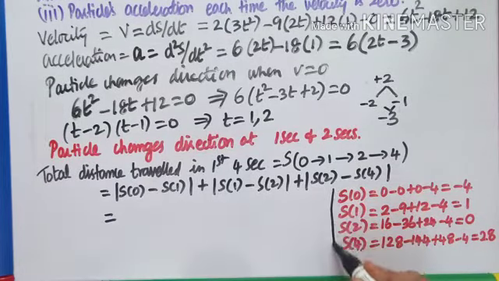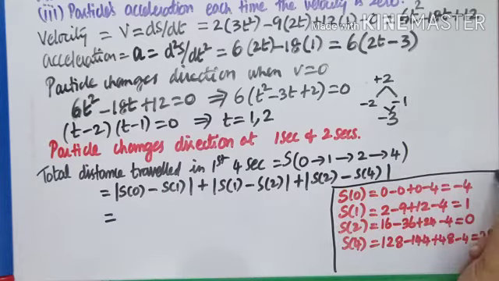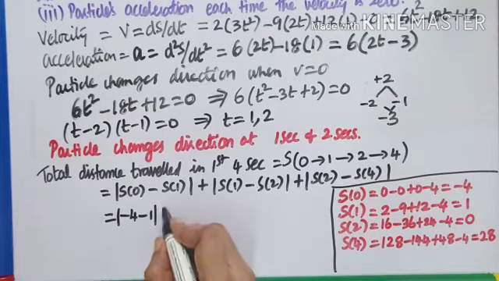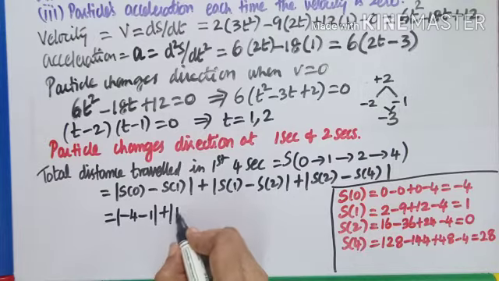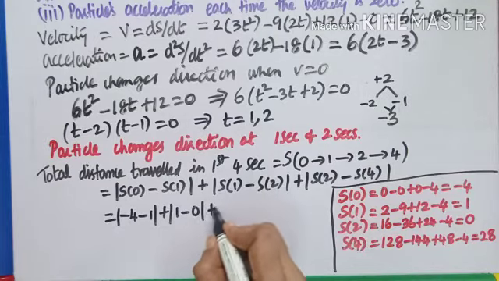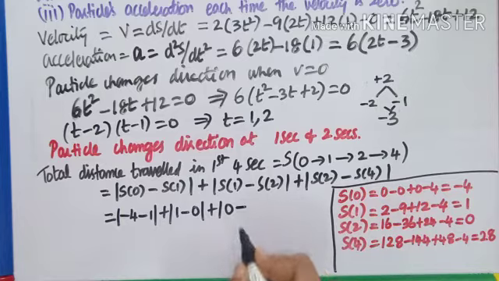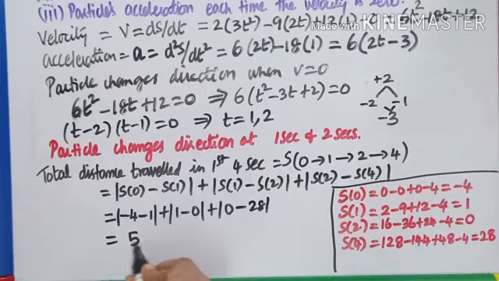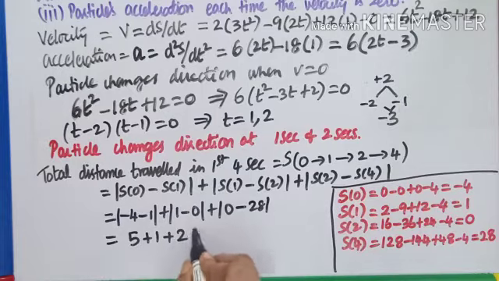As we know all these values from here, let me substitute. What is S of 0? Minus 4, minus S of 1 is 1, plus S of 1 is 1, S of 2 is 0, S of 2 is 0, S of 4 is 28. Simplifying 5, 1, 28.